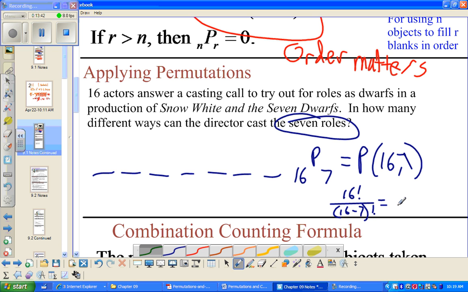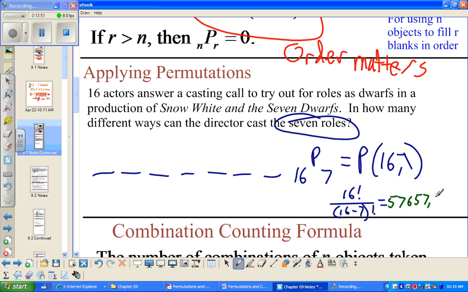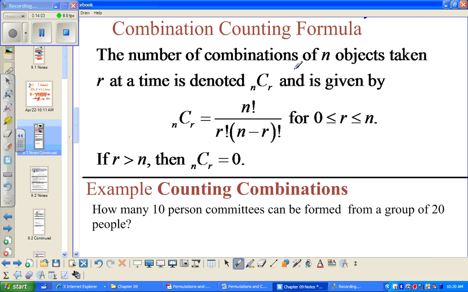So you're going to get something like 57,657,600. So 57 million plus. It's a lot of different ways to do it. But that would be different than a combination.